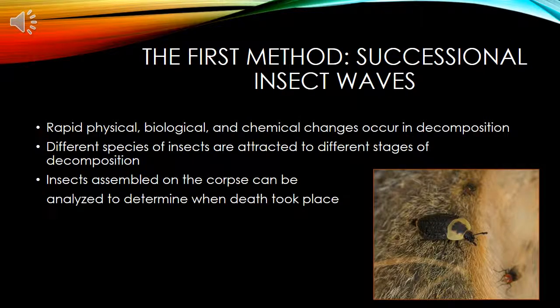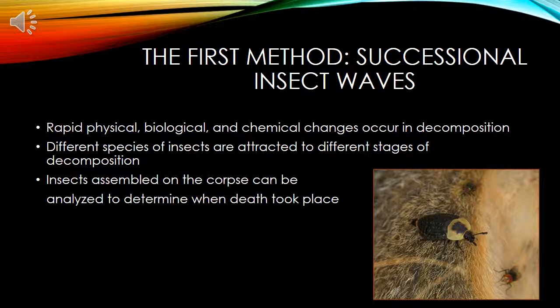The first method. When a human body is decomposing, rapid physical, biological, and chemical changes occur. Different species of insects are attracted to the different stages of decomposition. Diptera species of the families Calliphoridae and Sarcophagidae will arrive within 24 hours of death in suitable climates, being attracted to the blood and other bodily fluids.